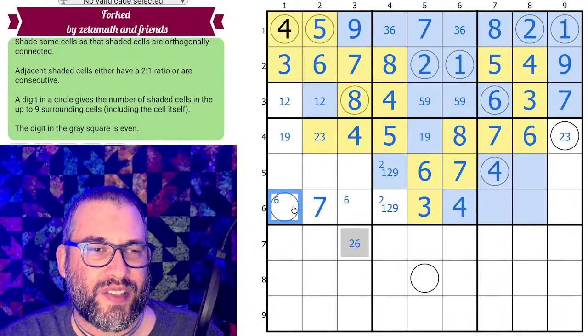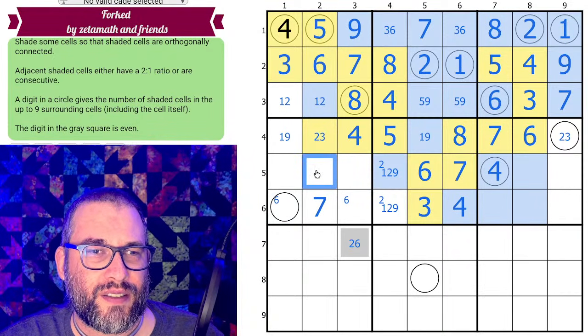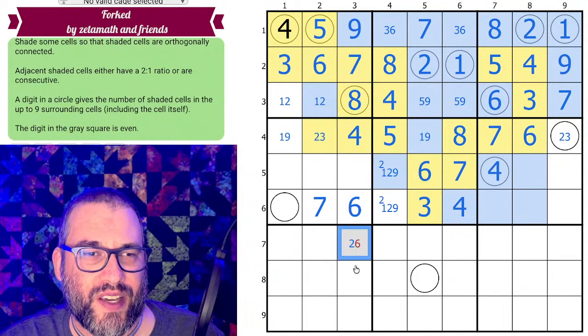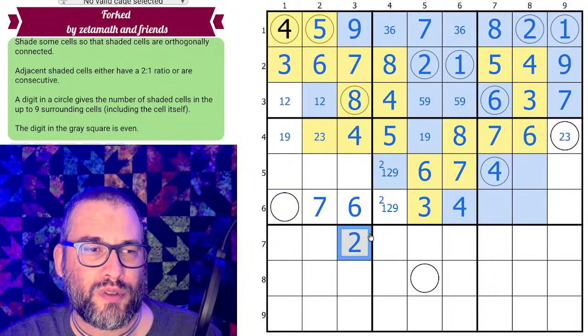Oh, there's already a 6. So yeah, no 6 here. This is the 6. So that's a 2.